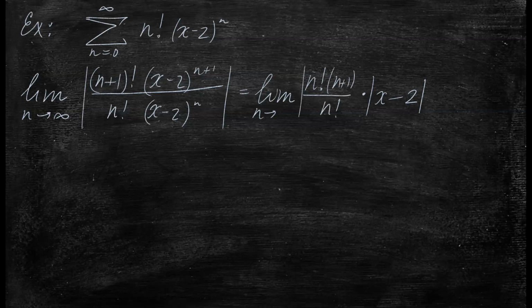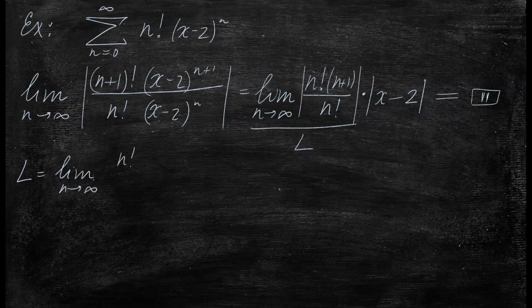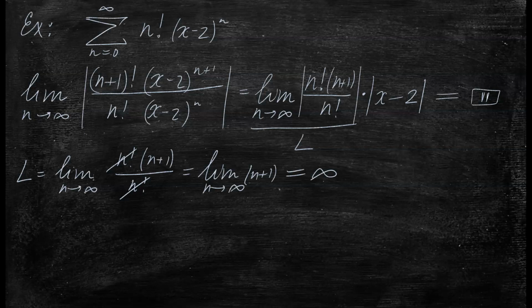We don't need absolute value here because everything is positive, and if we call this L, L will be the limit as n goes to infinity of n factorial times n plus 1 over n factorial. N factorial is gone, and we just have the limit of n plus 1 as n goes to infinity, which of course is equal to infinity.